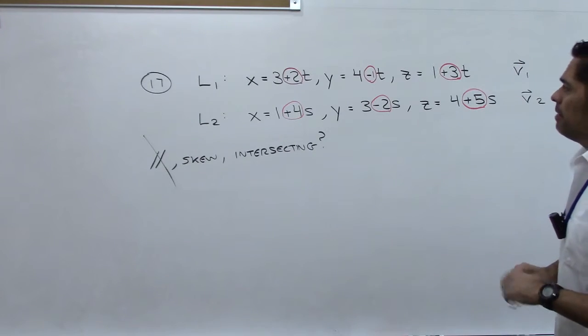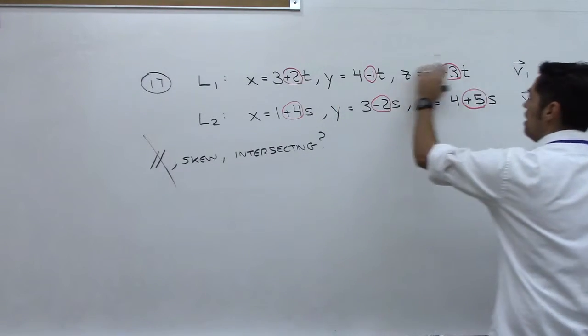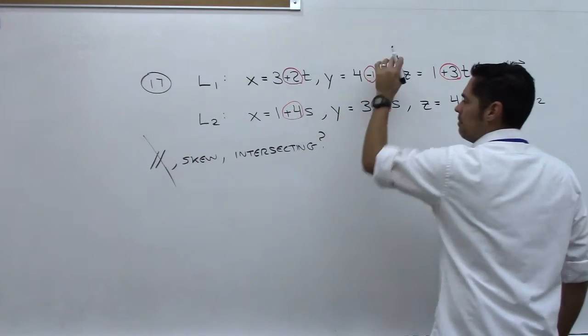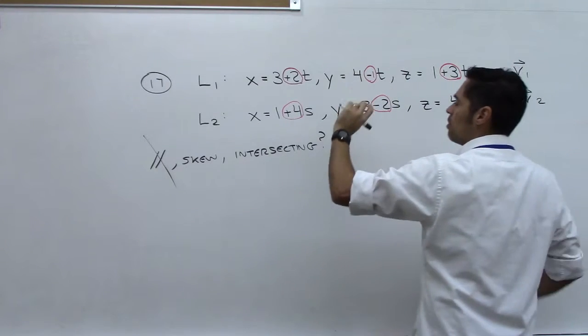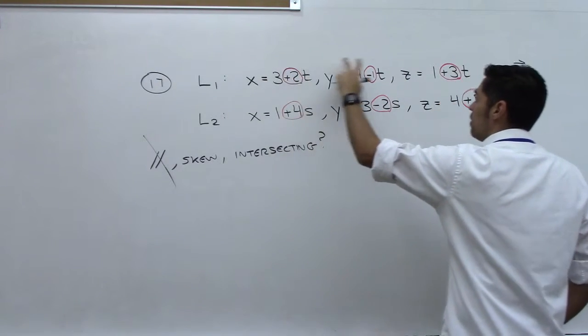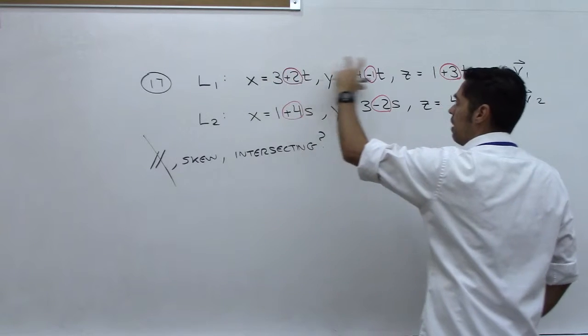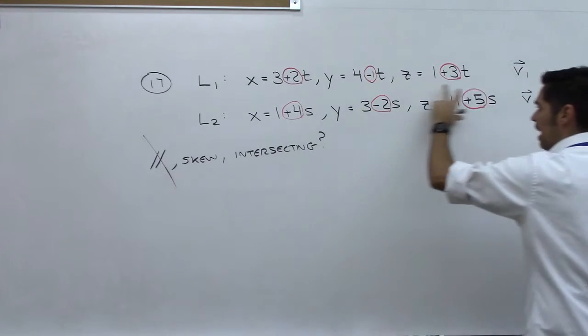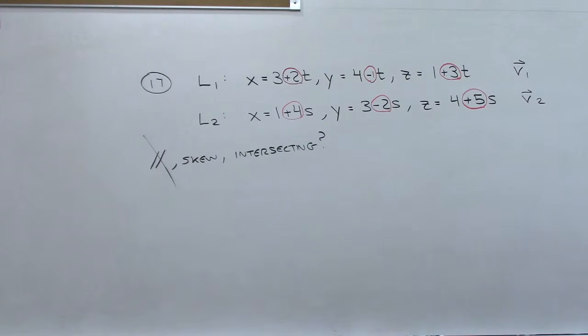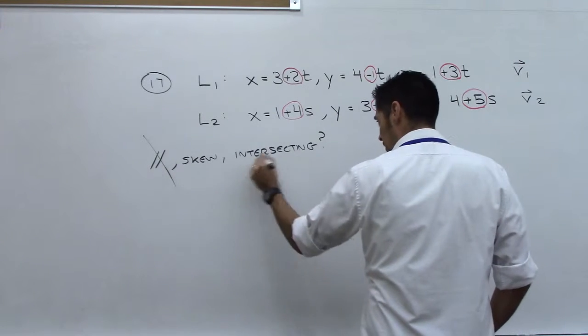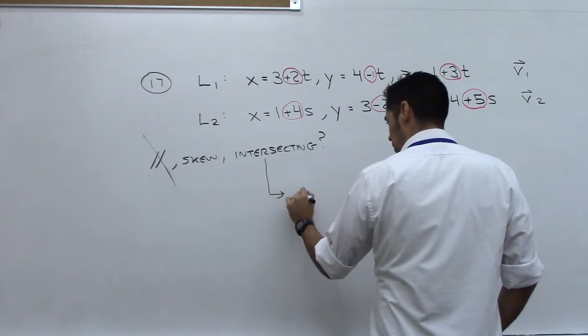So remember that for different values of t, I draw different points. They're really vectors, but they correspond to points on the line. So for different values of t, I draw all these different points. And for different values of s, I draw all those points on the second line. So the question for the intersecting is this.